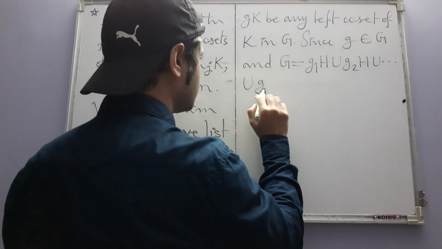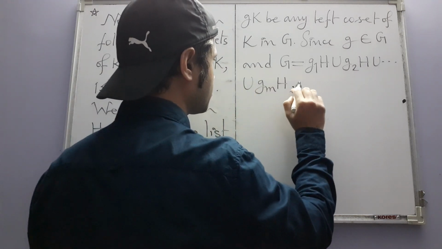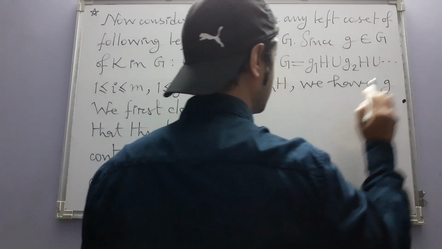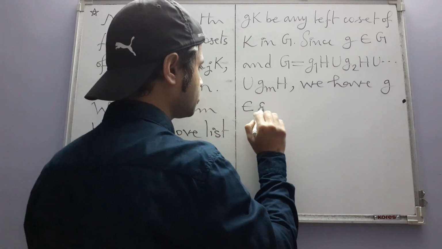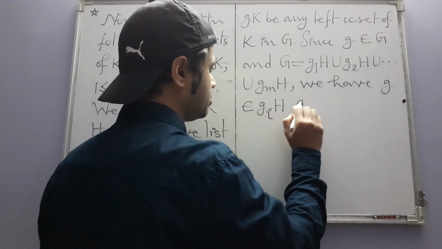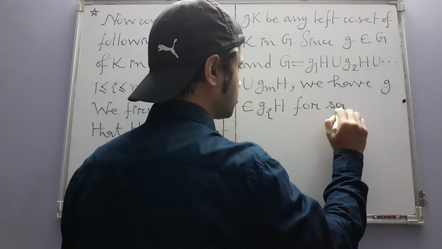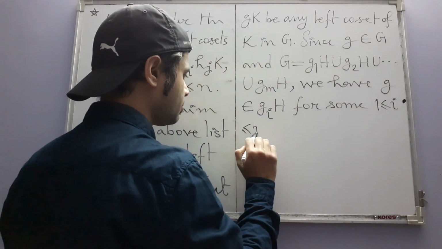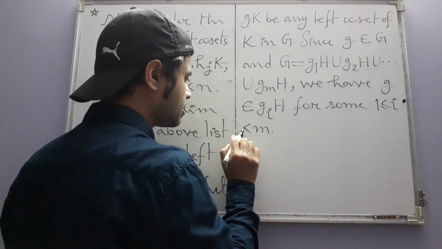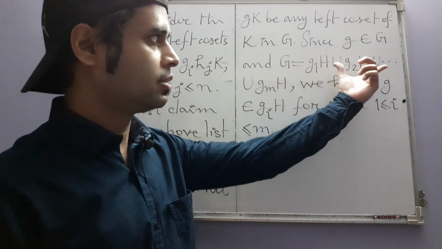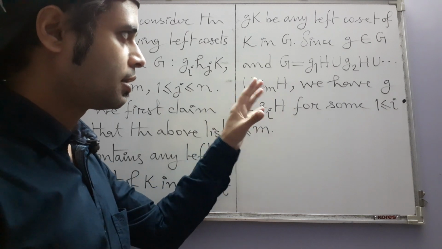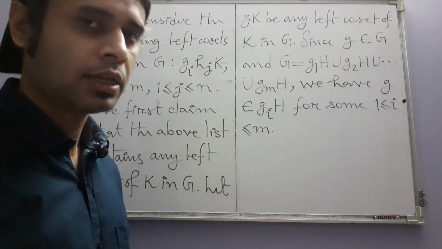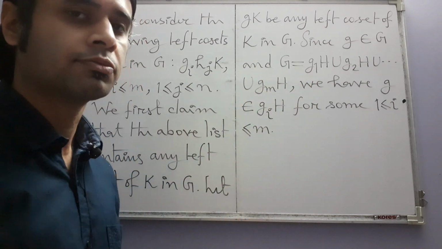M. We have g belonging to giH for some i in this range, and this fact that G is the union of all the left cosets is a part of the total claim that the left cosets of any subgroup of a group form a partition of the group.